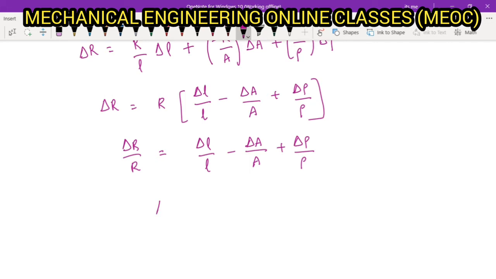Now I will substitute the value of A, the area of cross section, equal to pi d square by 4, because it is a circular cross section and the diameter of that circle is small d. If I differentiate this with respect to d, dA by dd will be 2 pi d by 4, or pi d by 2.